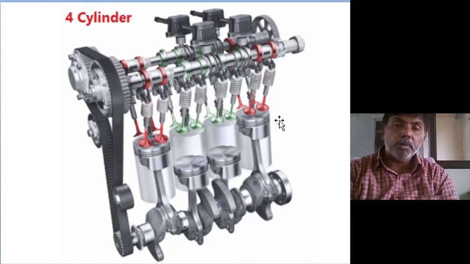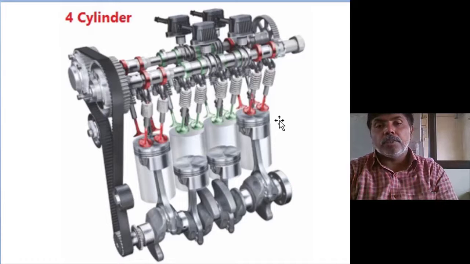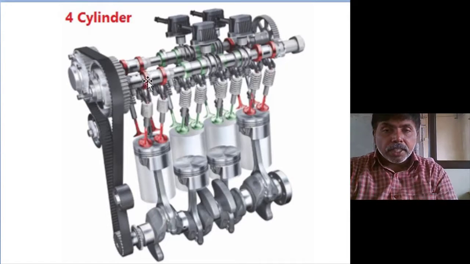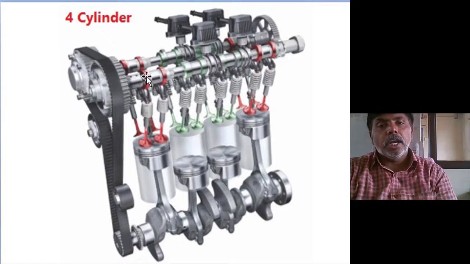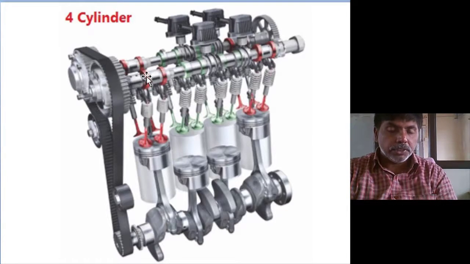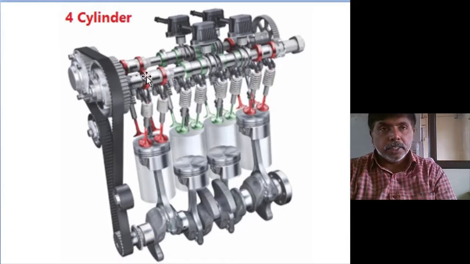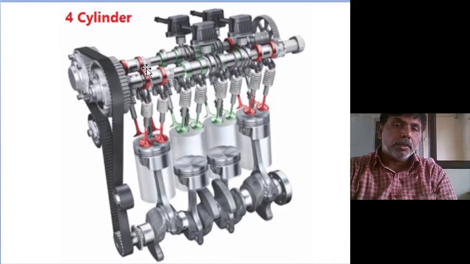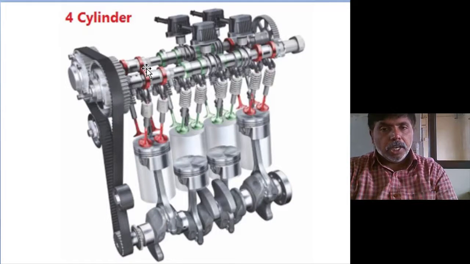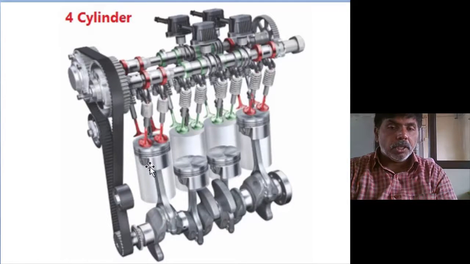Then I will cut off the electrical energy supply to the spark plug, or the fuel supply to the injector. If it is a CI engine, the fuel supply to the injector, or if it is an SI engine, the electrical supply to the spark plug. I will cut off the supply to one cylinder.